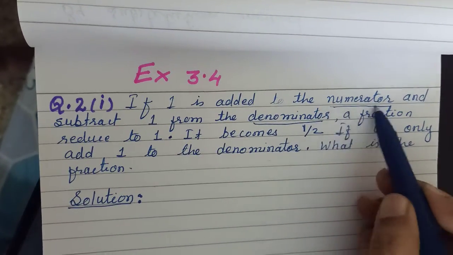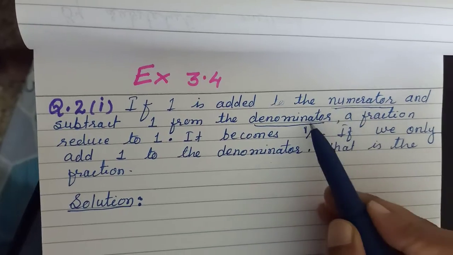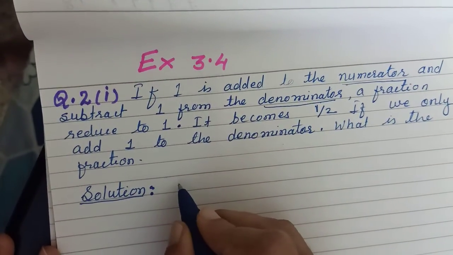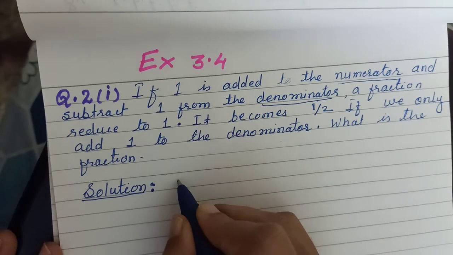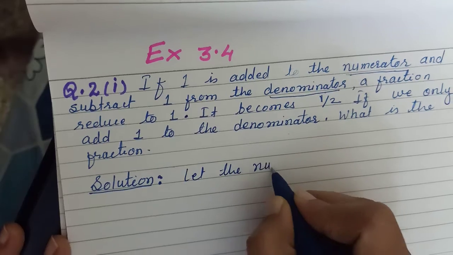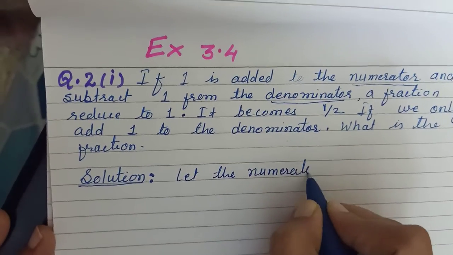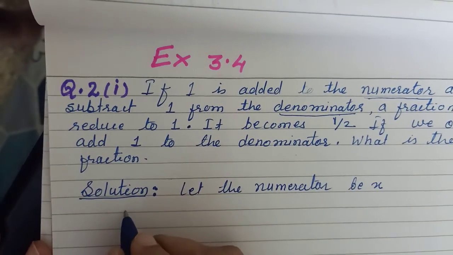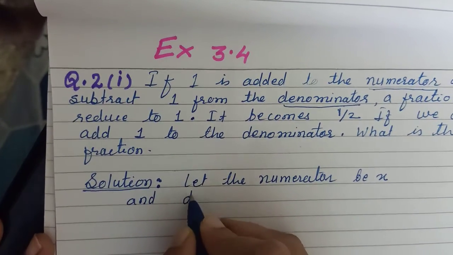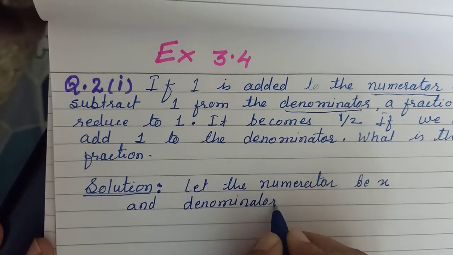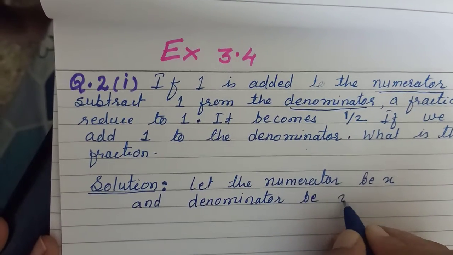So in place of the numerator and denominator, which are unknown, we can take variables. Let us express the numerator and denominator. In the solution we will write: let the numerator be x and the denominator be y.